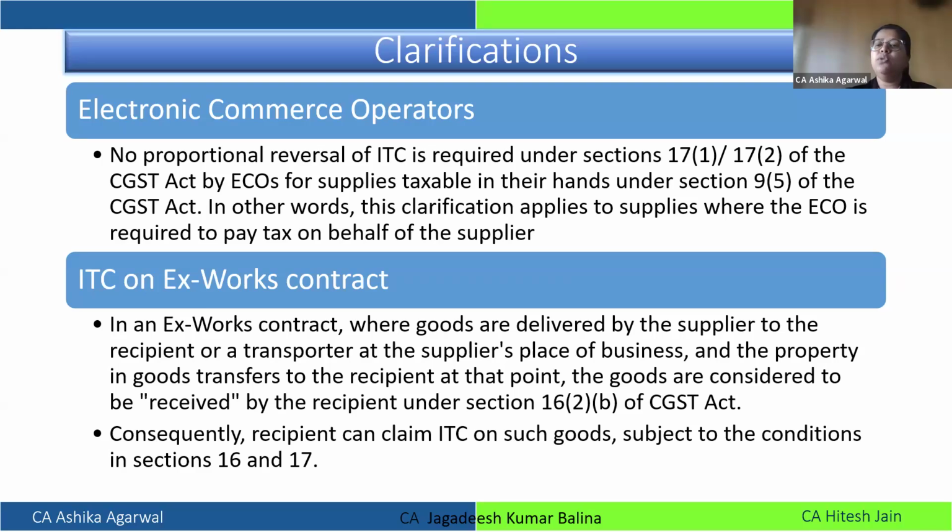So now the doubt has been raised: though the e-commerce operator by way of operation of 9(5) has been made liable to pay tax, it is still not their outward supply. 17(3) talks about outward supply under RCM, but this is not an outward supply of the e-commerce operator. So that's why the doubt was raised about how this should be dealt with. Should we still be required to reverse the ITC?